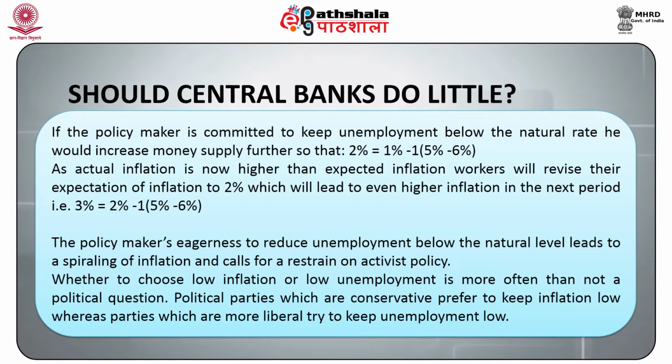If the policymaker is committed to keep unemployment below the natural rate, he would increase the money supply further so that 2% = 1% − 1(5% − 6%).